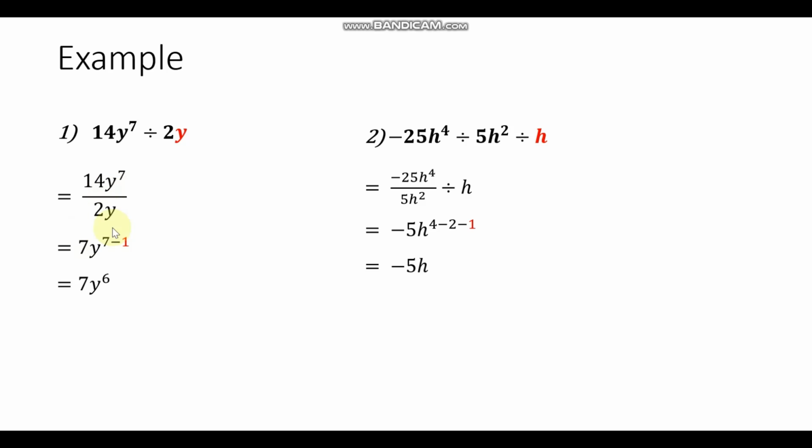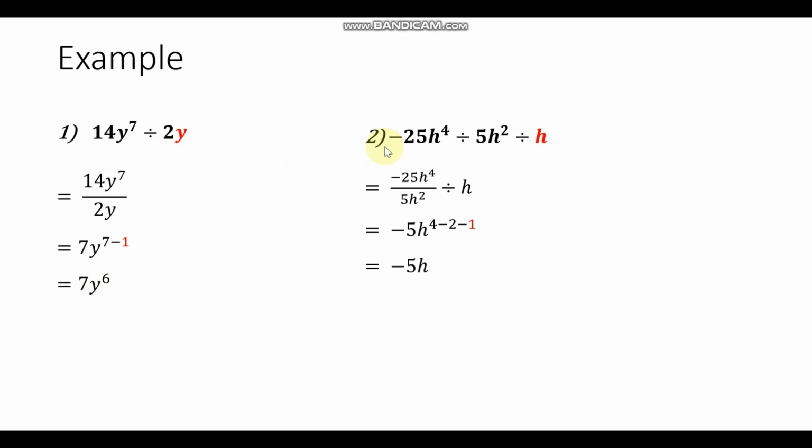And then we copy down the y, since y is the base for this question. And the value of index, we minus it. 7 minus 1, so we get 6. The final answer is 7y to the power of 6.